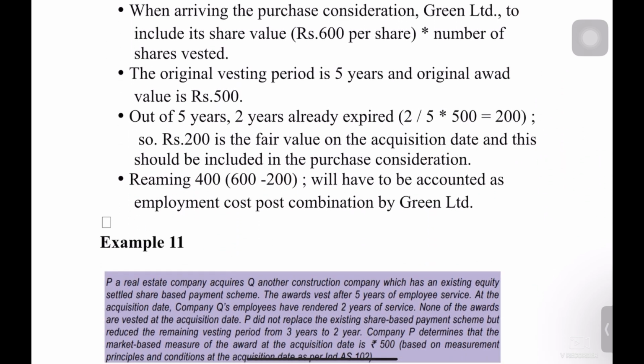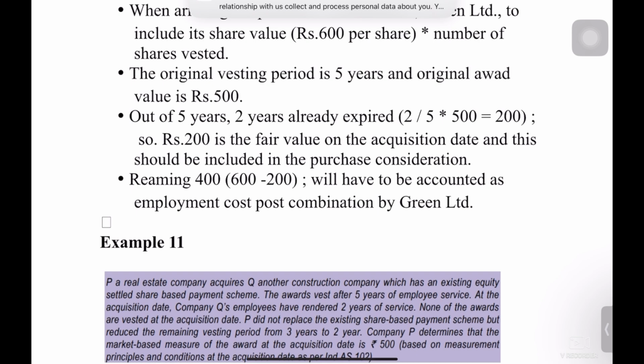When arriving at the purchase consideration, Green Limited includes its share value, that is 600 per share, into the number of shares vested. The original vesting period is 5 years and the original award value is 500 rupees. Out of 5 years, 2 years are already expired. So 2 out of 5 on the fair value of 500, if you apply, you will get 200 rupees.